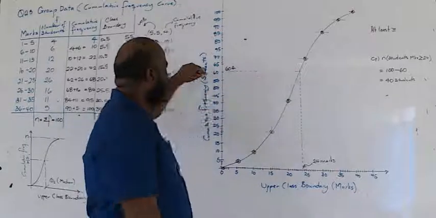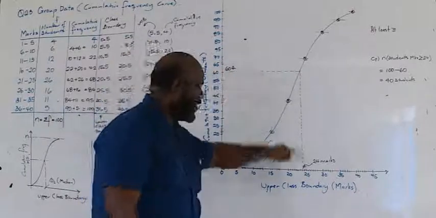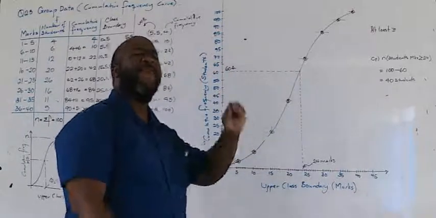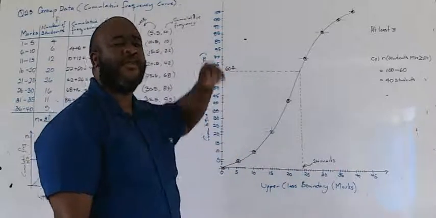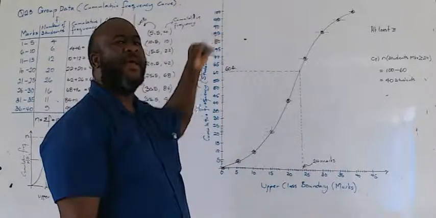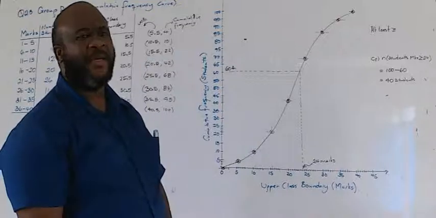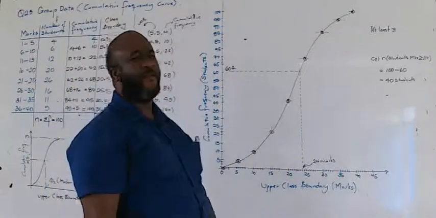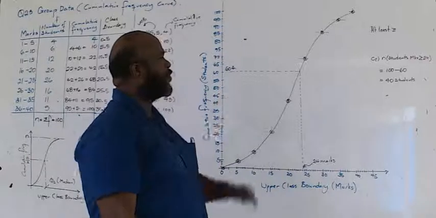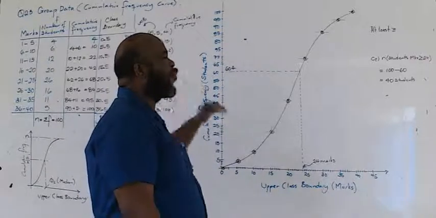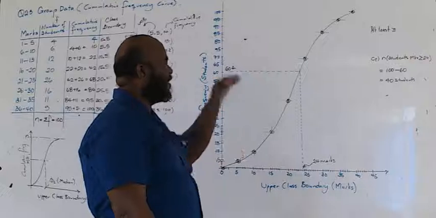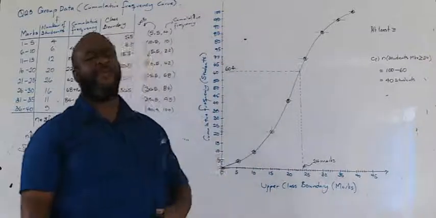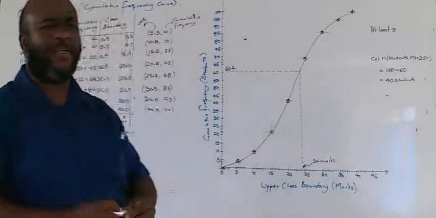This is the mark of the 60th student. Everybody above him scored more, and everybody below him scored less. His score is 24. So the total number of students who score 24 or more marks is 100 minus 60, which is 40 students.